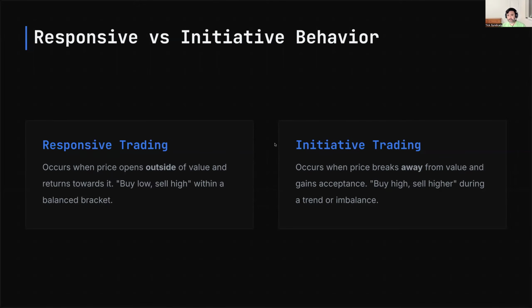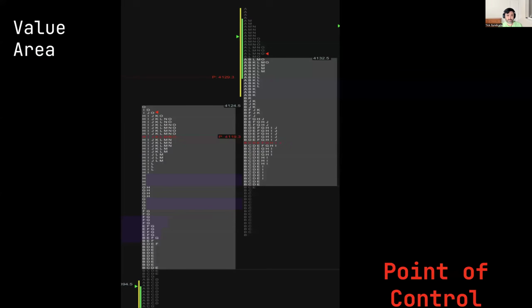Responsive versus initiative behavior. We've touched on this a little bit, but responsive trading occurs when price opens outside of value and returns towards it. So think of it as buy low, sell high. This is a good example of this. At the tail end of this day's trading, we establish value up here and acceptance.